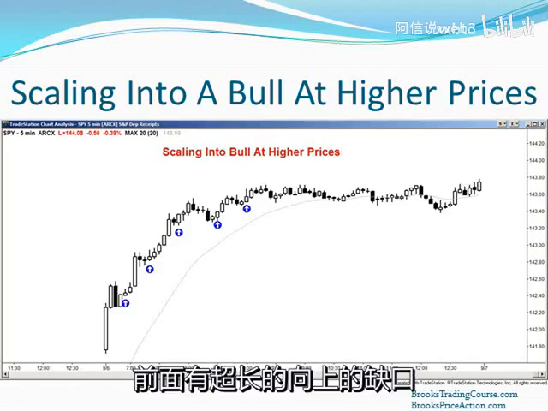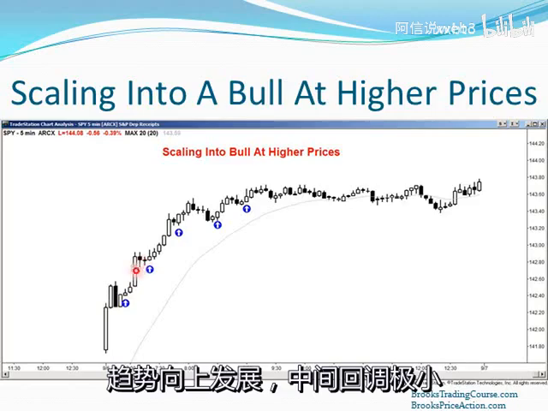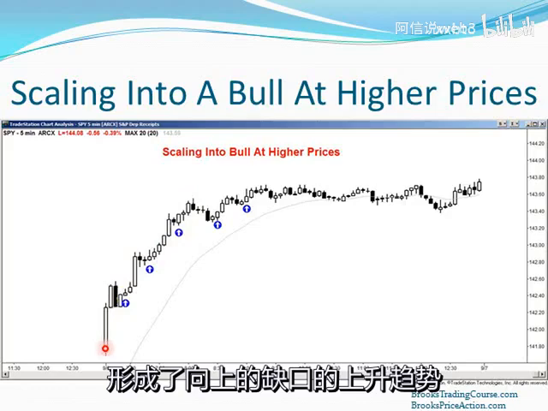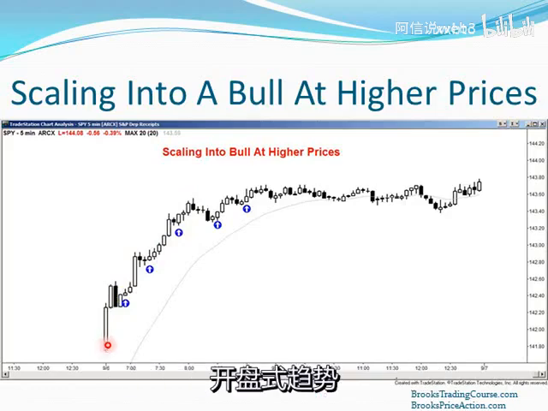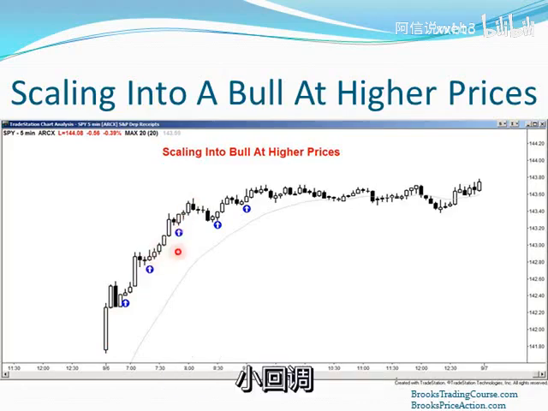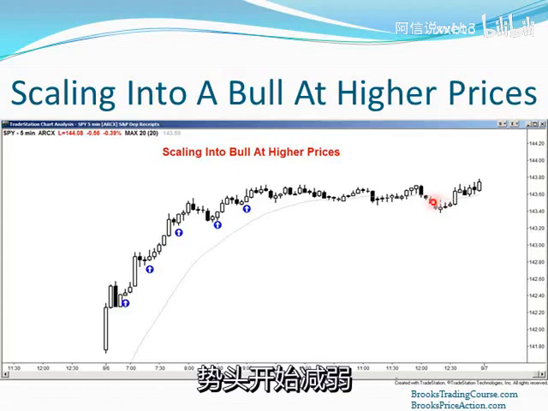It's exceptionally strong. We had a huge gap up, very, very strong, two first bars of the day, and the market just raced upward with very small pullbacks. So for the first couple of hours, it was a gap up bull trend, a trend from the open bull, a spike in channel, a small pullback bull. Eventually it transitioned into a trading range. It got exhausted.